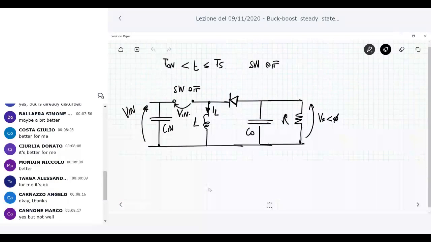The inductor does anything it can to maintain the same current that it had before switching off the switch.